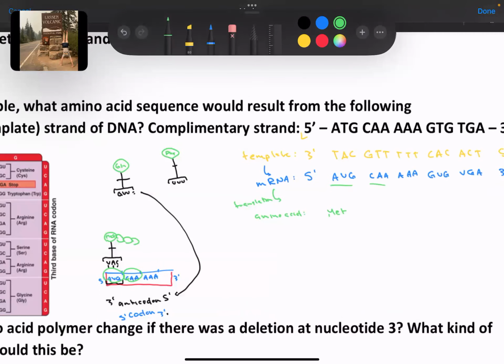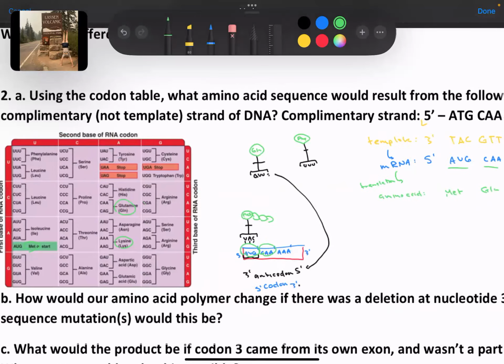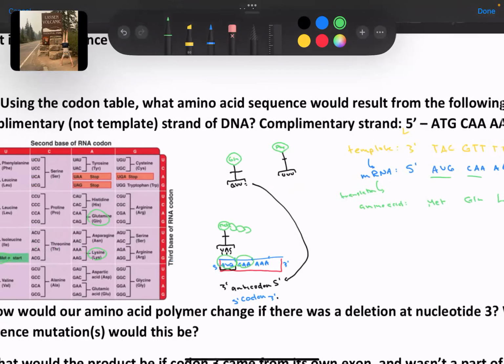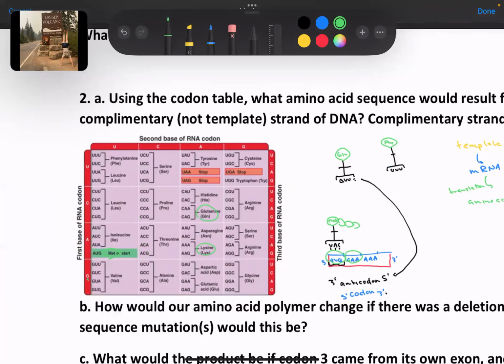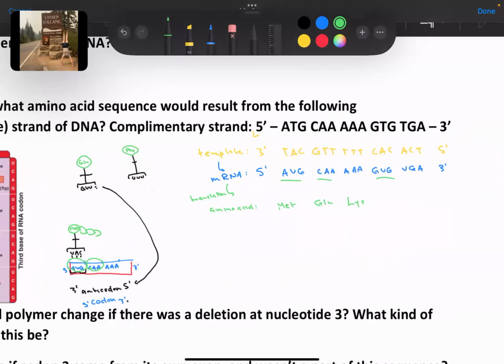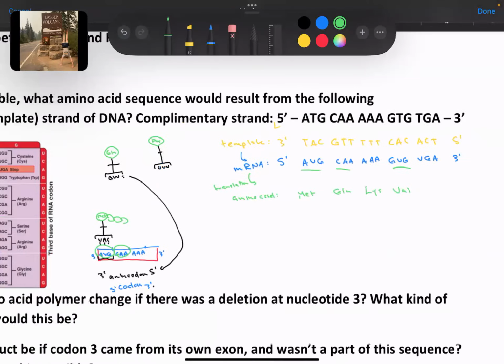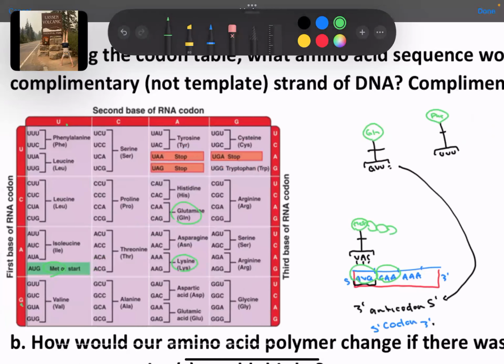Methionine, glutamine, and then AAA was lysine. GUG is once again valine. And UGA is a special one. UGA, stop.